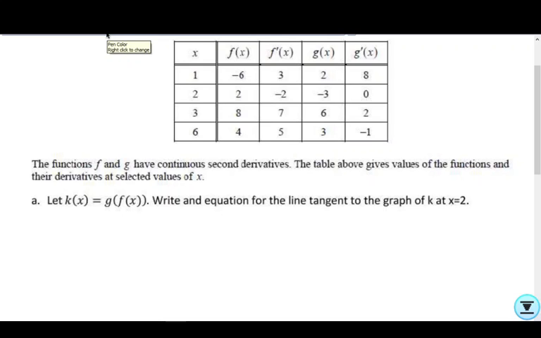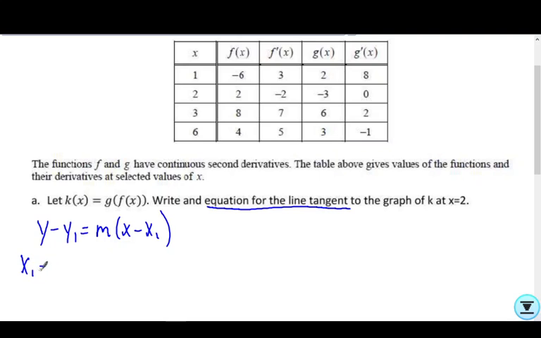The tangent line equation is y minus y1 equals m times x minus x1. So we need to find x1, y1, and of course the slope.